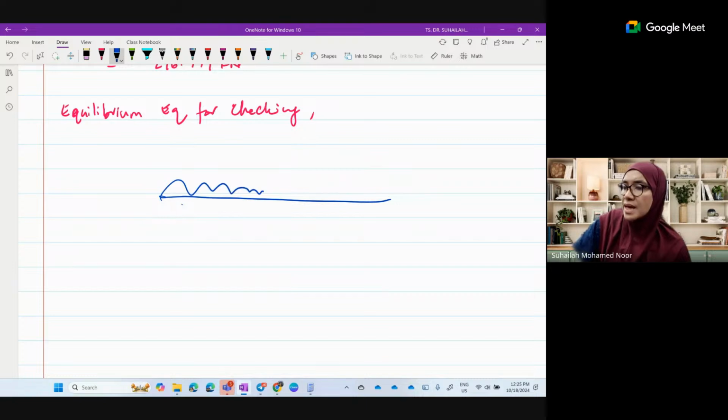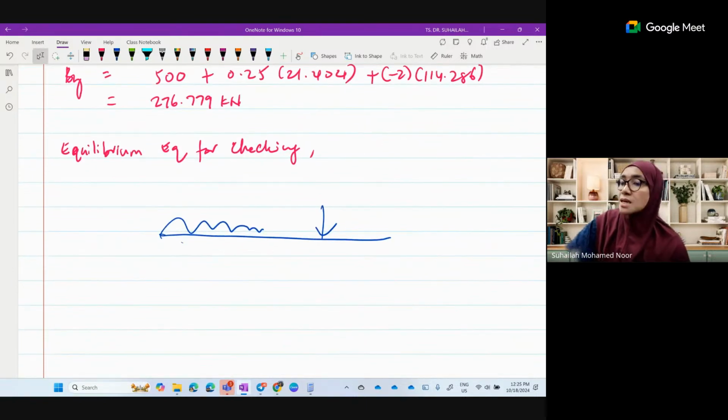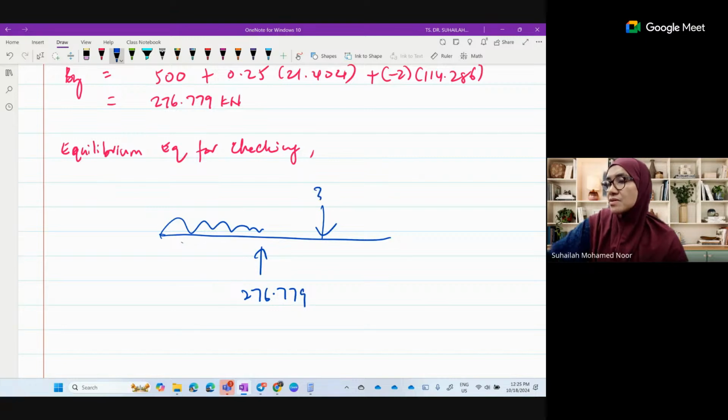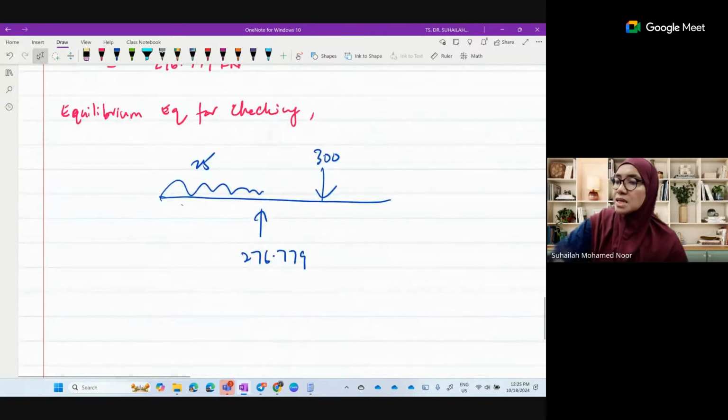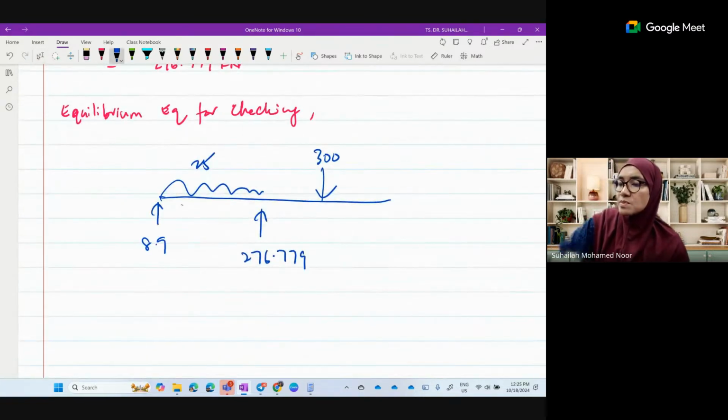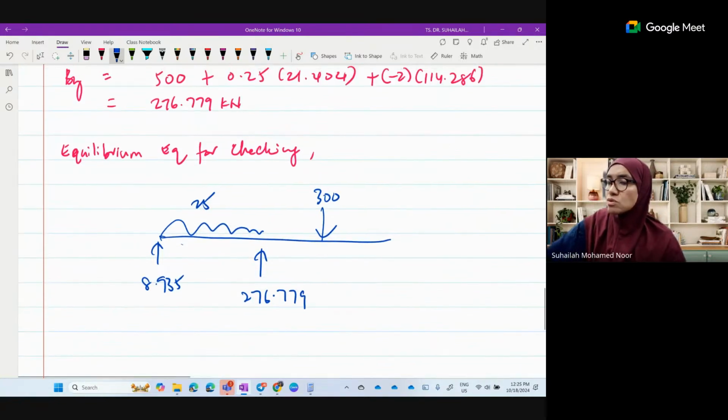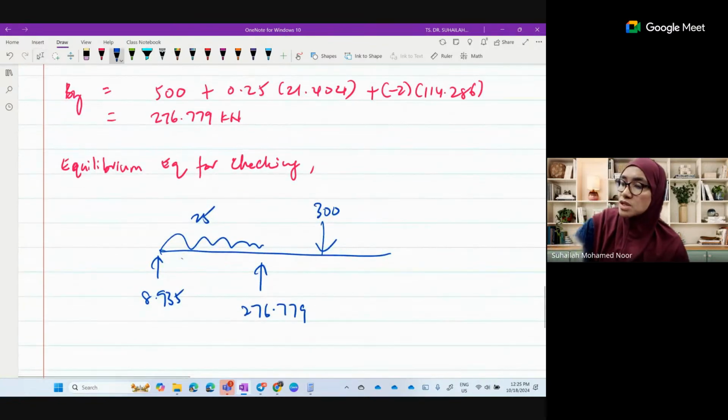Tadi sini UDL, sini point load kan. So semua nilai tu kita masuk balik. So BY 276.779, ni 300, ni 25, AY ni 8.935, lepas tu moment tadi positif.